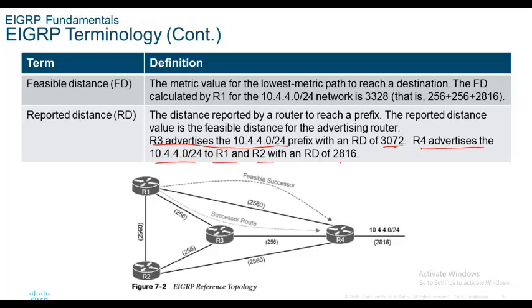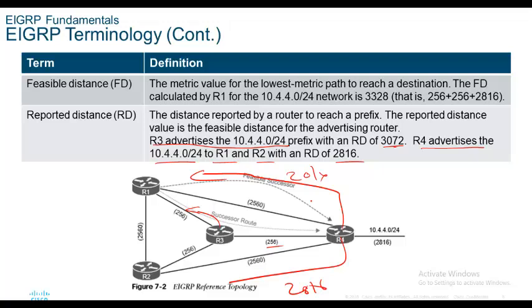Okay, now, do you have any confusion in this page and in this page? Let me stop this page for a minute. This is a very important place, because many are not clear with this. In the previous pages, we were only talking about the successor route, successor, feasible distance and reported distance.